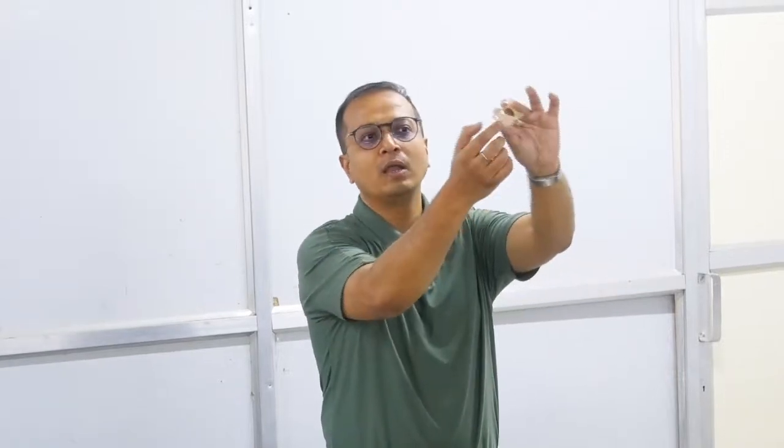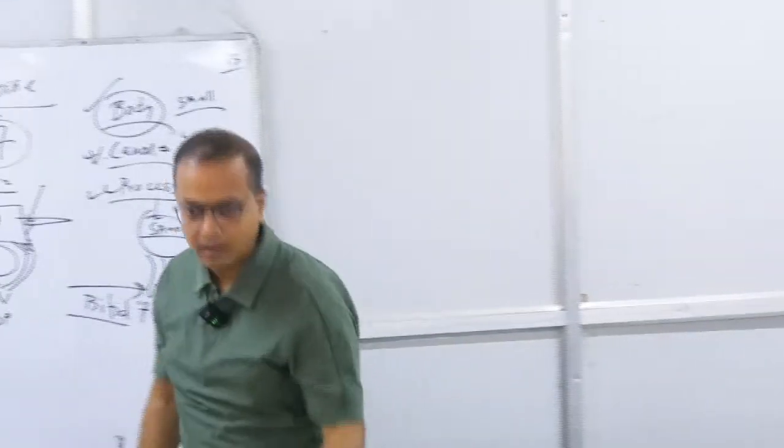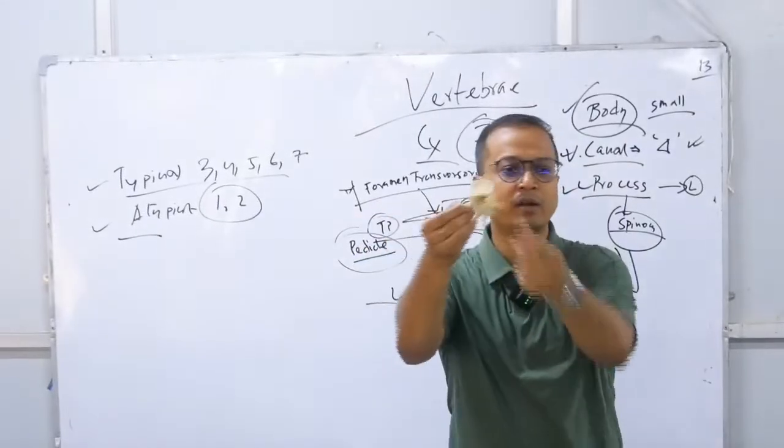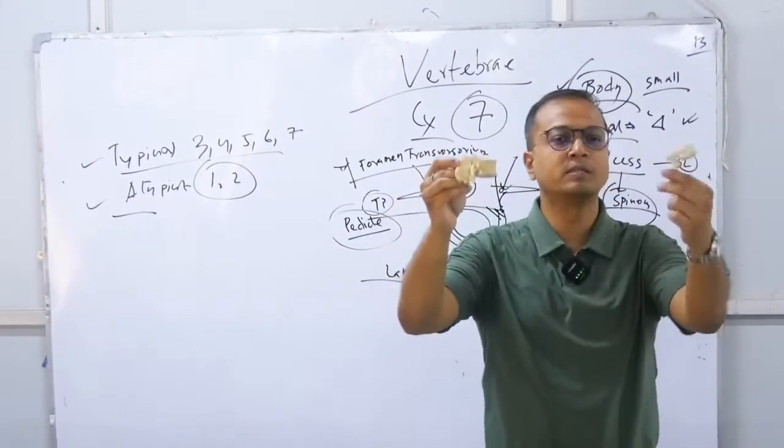And the transverse process holds a hole inside it, the foramen transversorium. Only here do we see a hole; in the transverse processes of the rest of the vertebrae, we do not see any holes.